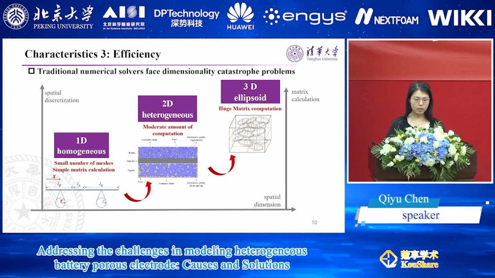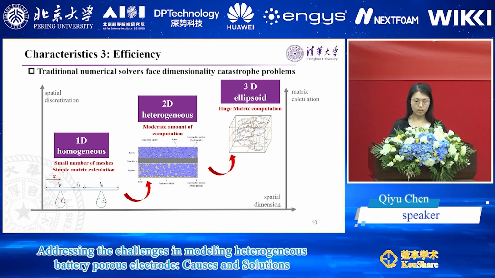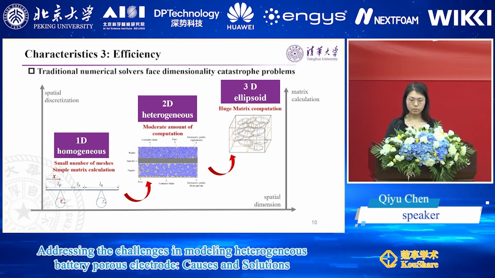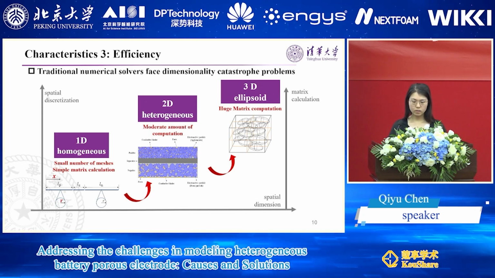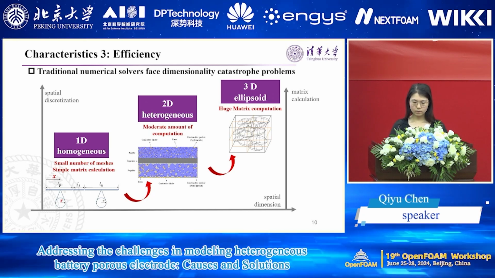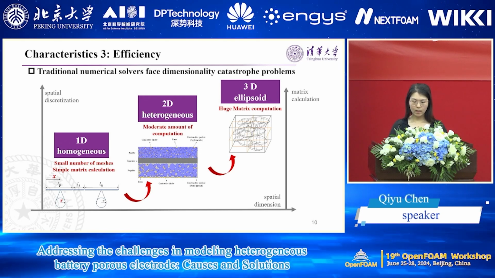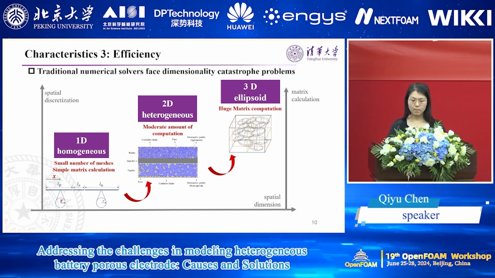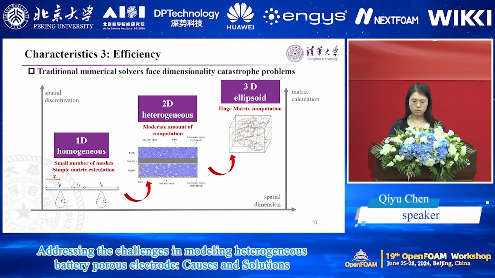Characteristic 3, efficiency. Traditional numerical solvers face the problem of high-dimensional expansion and dimensional catastrophe. For a one-dimensional homogeneous model, the structure is simple and the number of grids is small, so the matrix calculation is relatively simple.